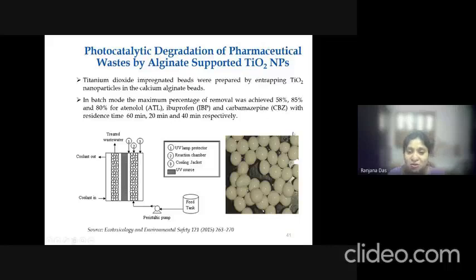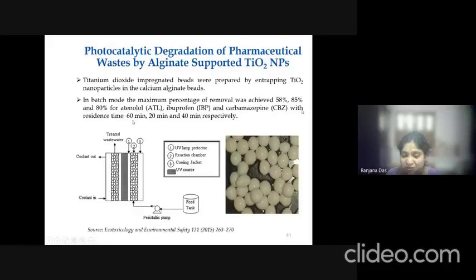The observation in our lab is that for ethanol, we have observed about 58% reduction. For ibuprofen, we have observed about 85%. And for this, which is also a pesticide, we have observed about 80% separation. And the time requirement is obviously very low.